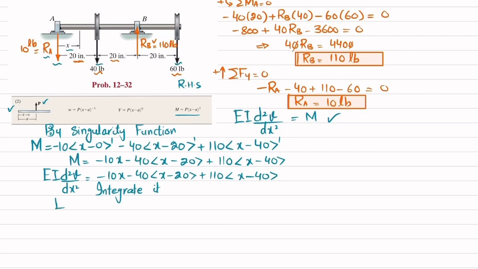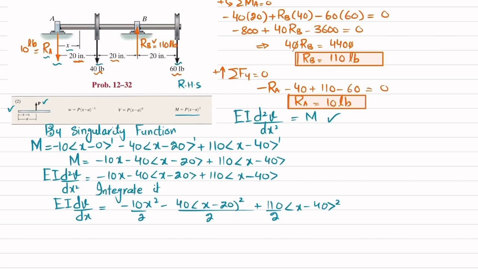So you will get EI into dV over dx is equal to minus 10x square over 2 minus 40 into x minus 20 divided by 2 plus 110 into x minus 40 square divided by 2.